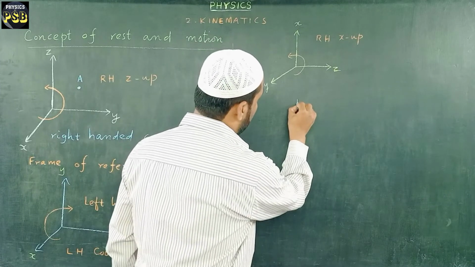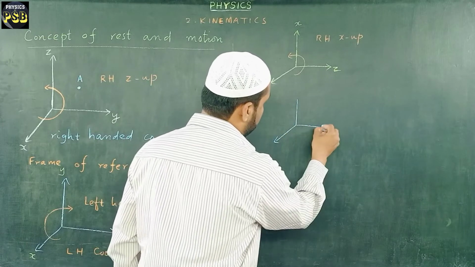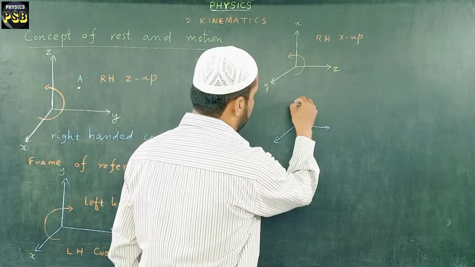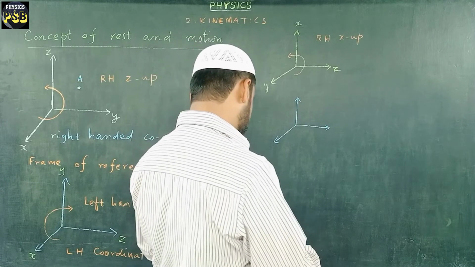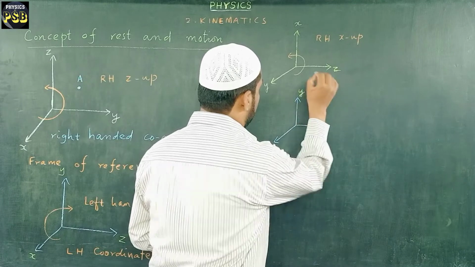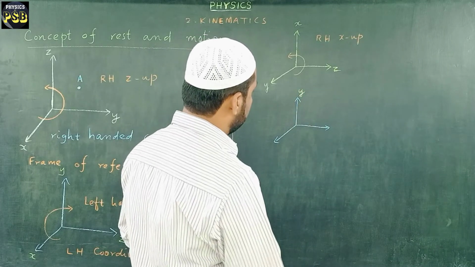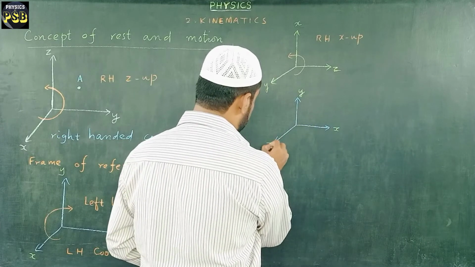Then I draw one more type of coordinate system. Now I keep the y-axis up, x here, y and z.